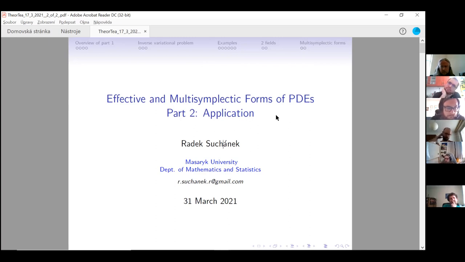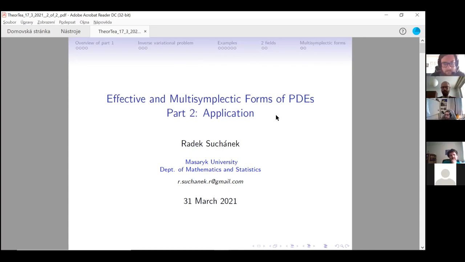So this part is an application of the formalism that we have seen last week. In the beginning, we will just quickly go through the basic tools that we developed, or rather described, last time. And then we will move forward to examples and how it can be used with respect to a small number of variational problems, or rather inverse variational problems.